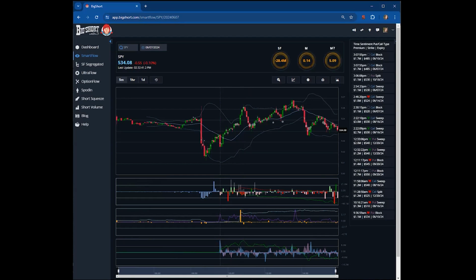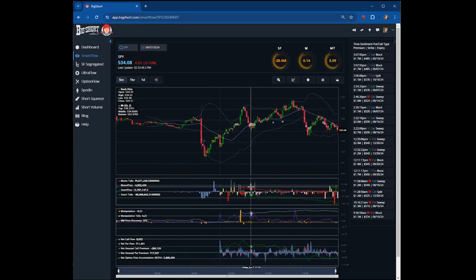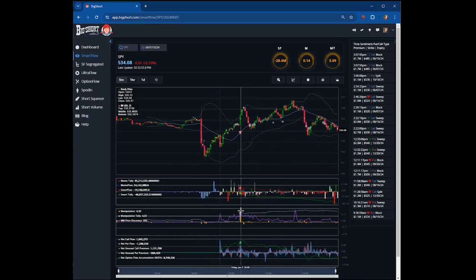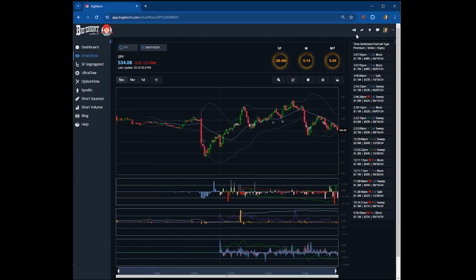One is that the value of manipulation matters a lot. For SPY, on a regular humdrum day, I like to see a manipulation value of ±3. And so in my sound alerts, I have my manipulation sound alert set for a standard deviation of 3.